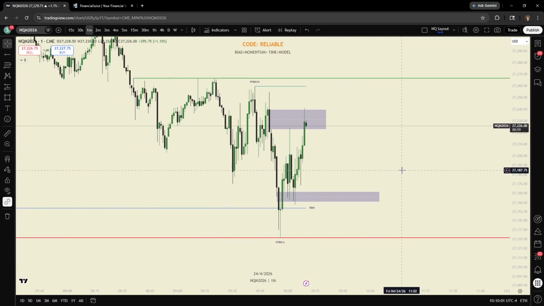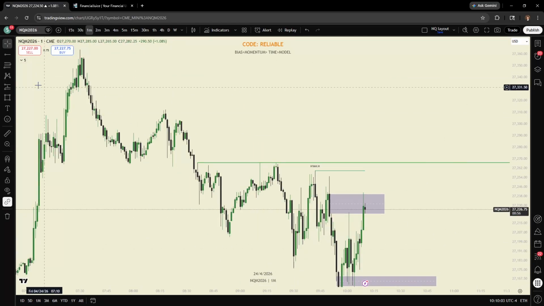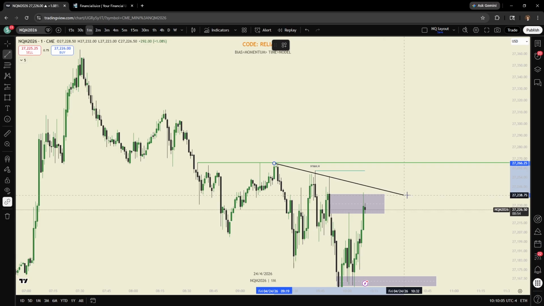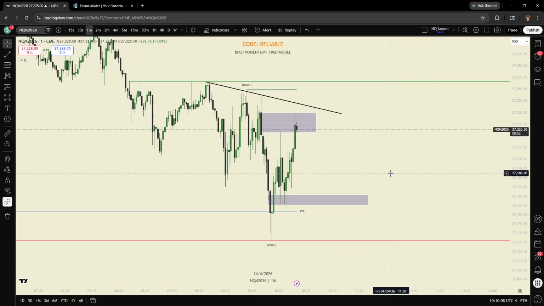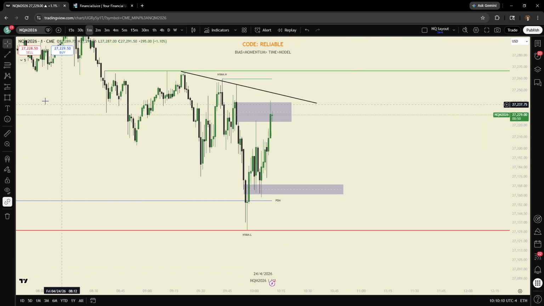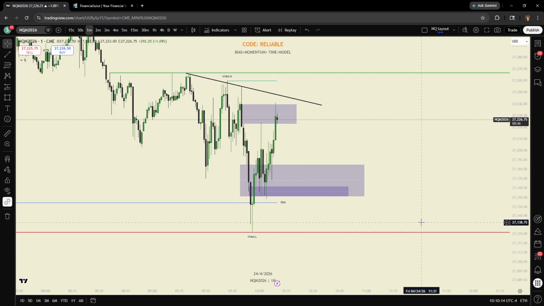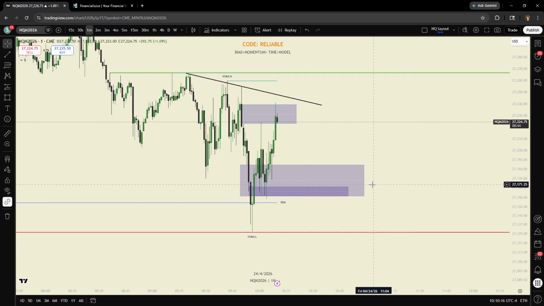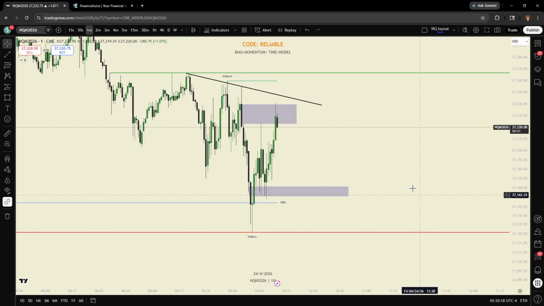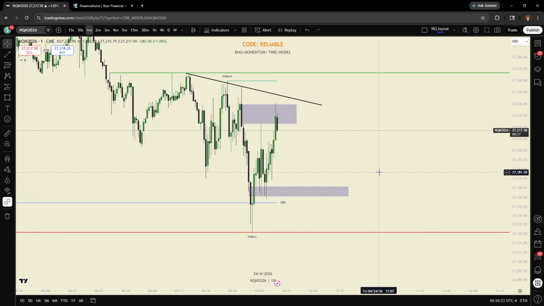Draw the trend line on the 1 minute. This 1 minute actually technically never failed. The 1 minute's still playing out. We just ran into a trend line though on the 1 minute.